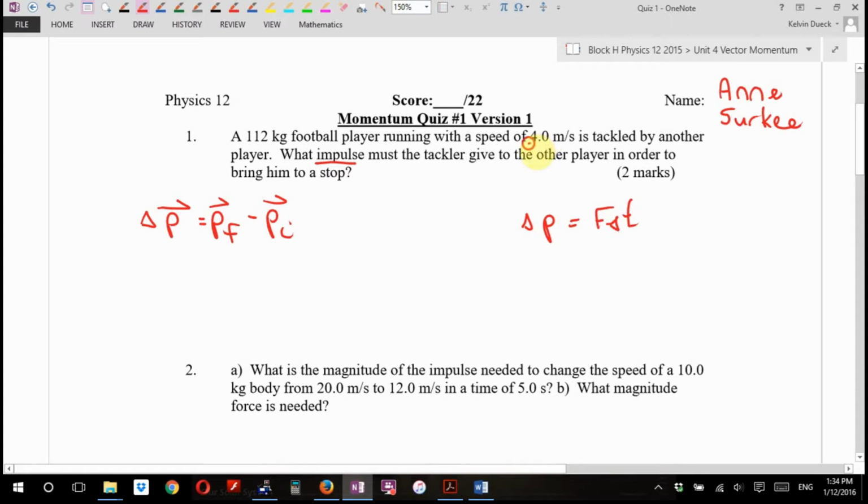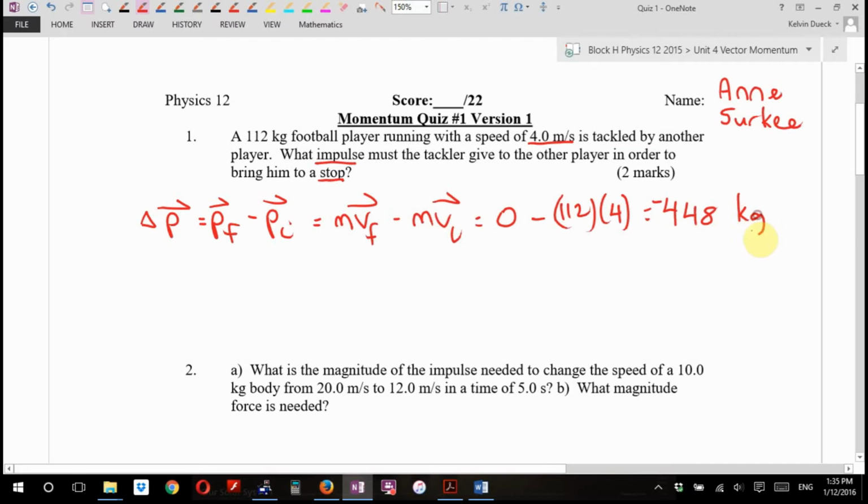Well, I notice an initial velocity, and there's a final velocity, 0. I'm going to use this one. This is going to be mv final minus mv initial, which is going to be 0 minus mass times velocity, negative 448 kilogram meters per second.